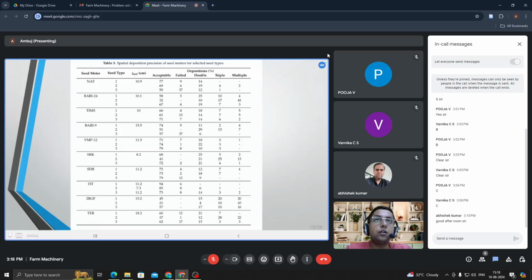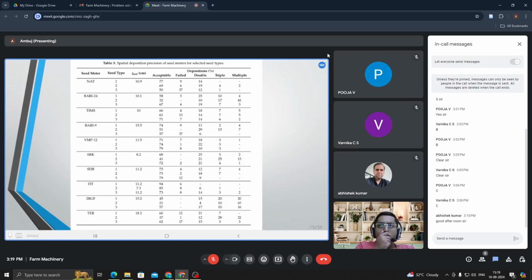Here we have seen how much deposition or aggregation is happening in the seed box, how much percentage, how many missing indices there are, or some failing, or some crushing. So seed wise we have measured.